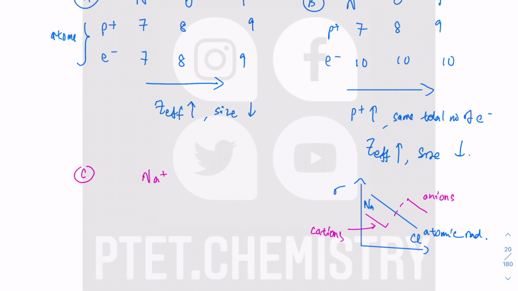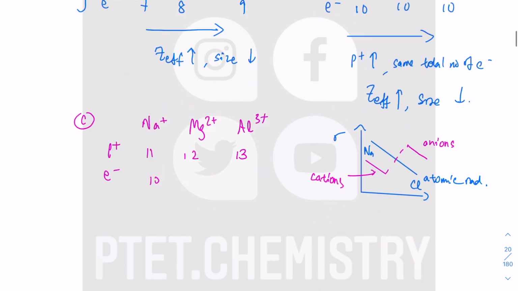So Na plus, Mg2 plus, Al3 plus. Compare protons and electrons: 11, 12, and 13. These are isoelectronic again. They lost 1 electron, 2 electrons, 3 electrons. They're all neon configuration.